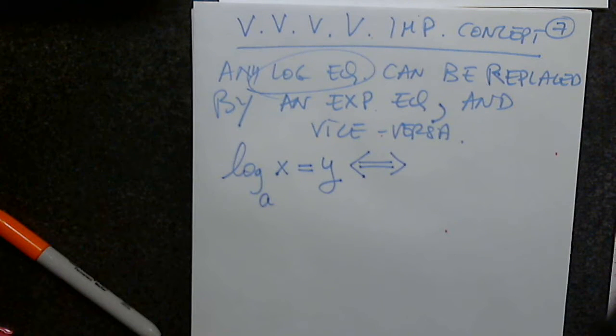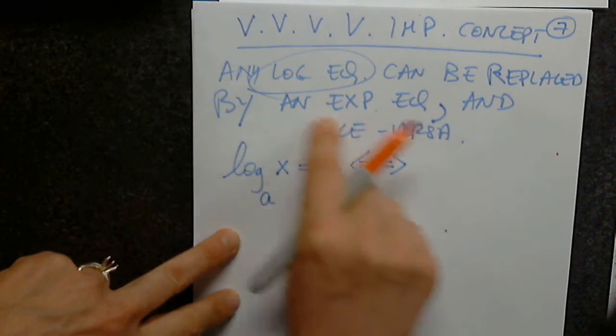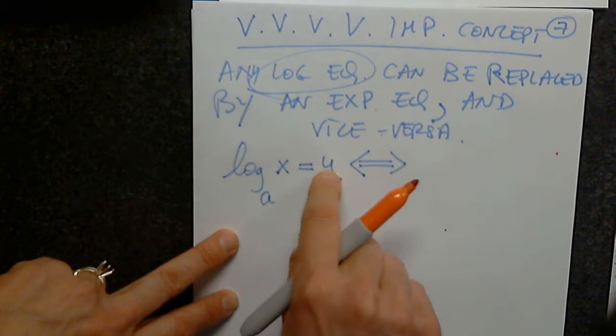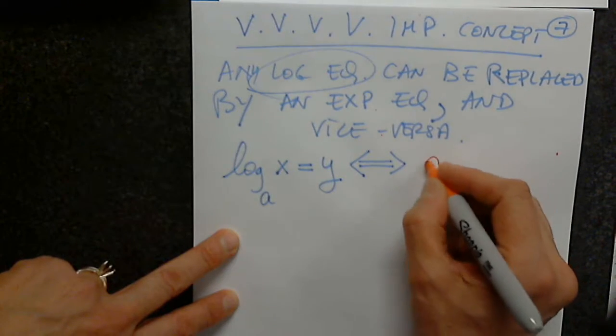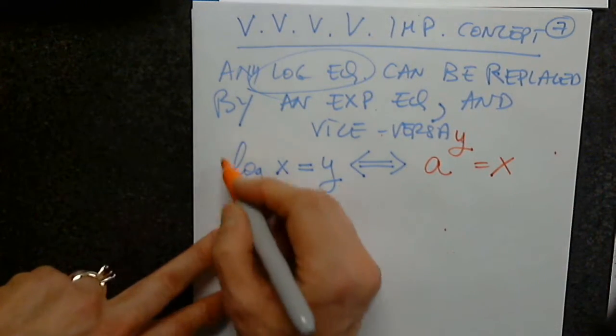So if I start on the left, I can get the right. If I start on the right, I can get the left. So here's how we get the left-hand side, which is an exponential equation. Counterclockwise, the base raised to this number equals x. The base raised to y equals x.